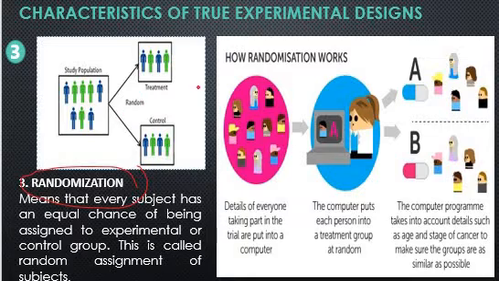Through the random assignment of subjects to the experimental or control group, chances of systematic bias can be eliminated. And randomization can be used in true experimental research design to minimize the threat to internal validity of the study and to eliminate the effect of extraneous variables on the dependent variable.